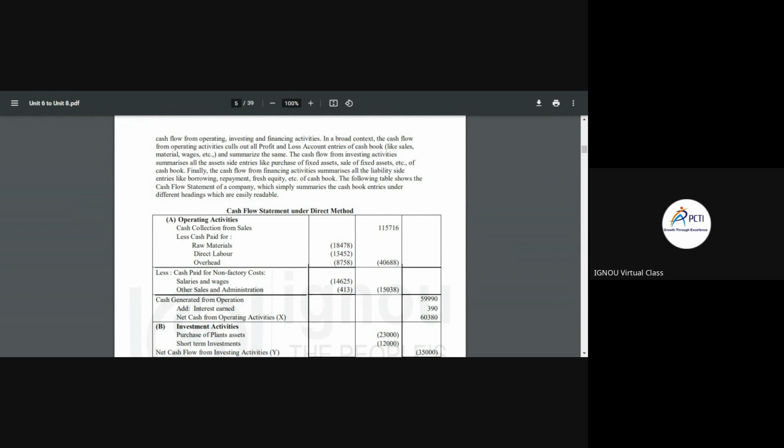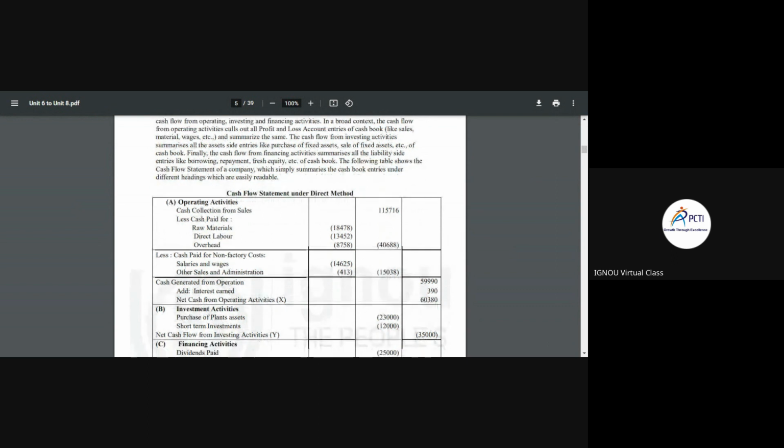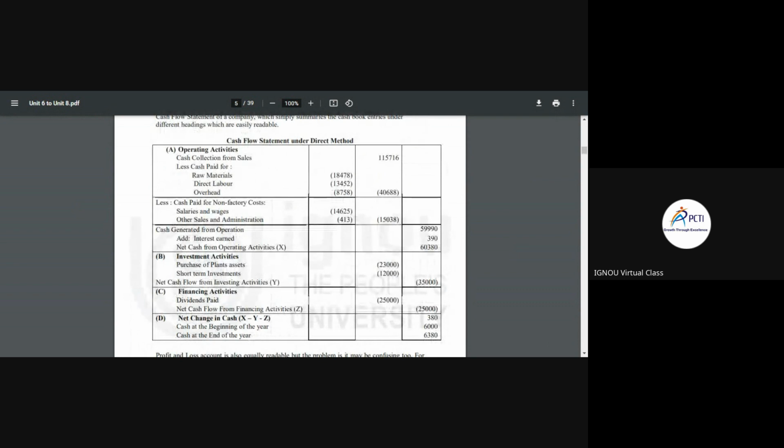So first of all, we have a cash flow statement under the direct method. In this, first of all, the activity which we need to measure is the operating activity. In this activity, we have cash collection from sales. From this, we deduct cash paid for raw material, direct labor, and overhead.